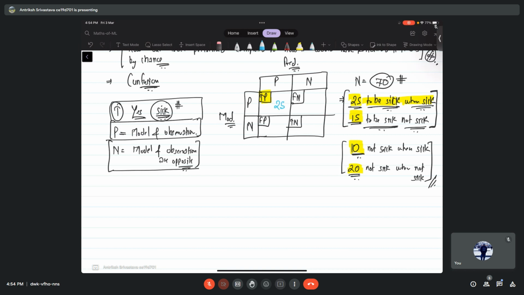False negative means the model predicted that they were not sick but actually they were sick, so it is going to be 20.